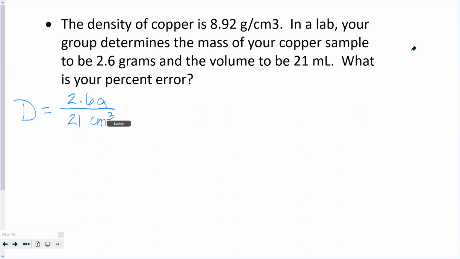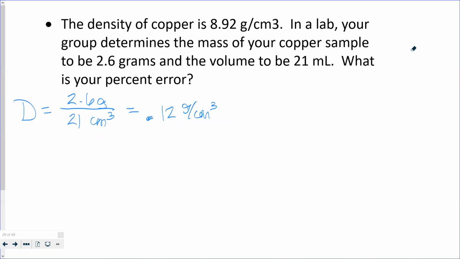Remember, they're going to be the same unit. They're pretty synonymous. If we divide those, we get our experimental value, which is 0.12 grams per cubic centimeter. And I left it at 2 sig figs since that was what was originally given.